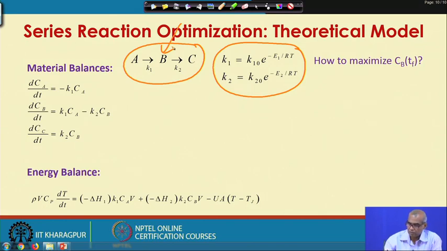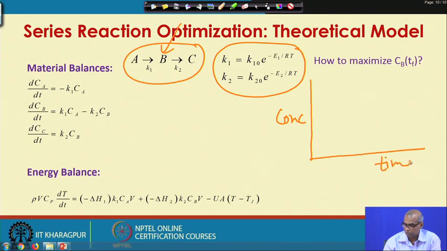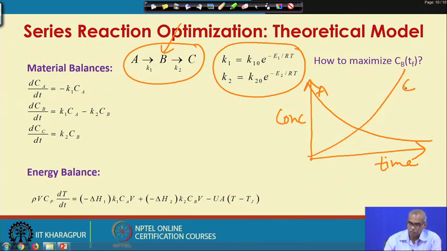In fact, if you plot concentration versus time, you can intuitively feel that the concentration of A will go down with time, the concentration of C will increase with time, but the concentration of B will increase and then decrease.